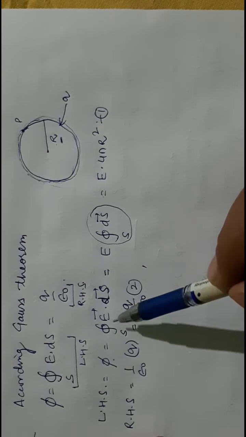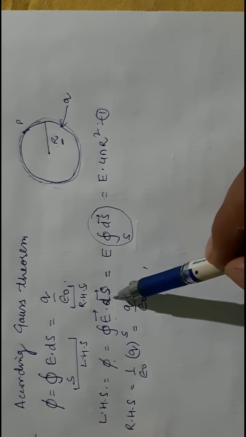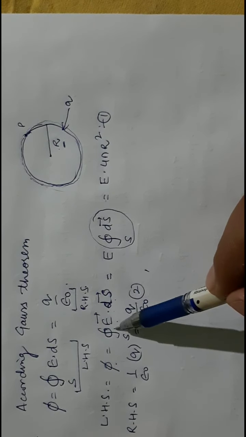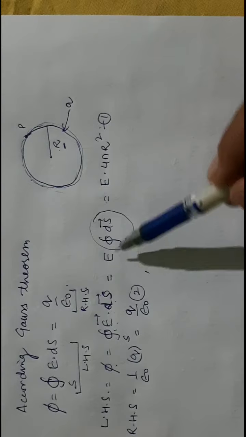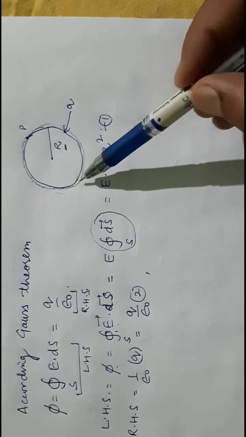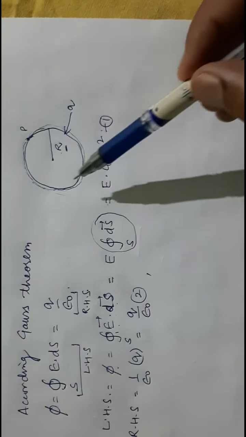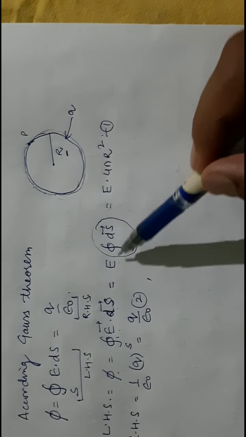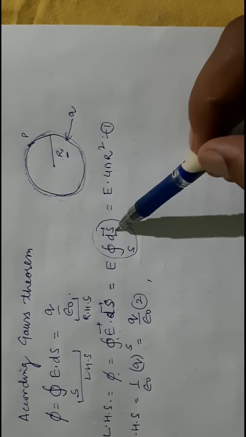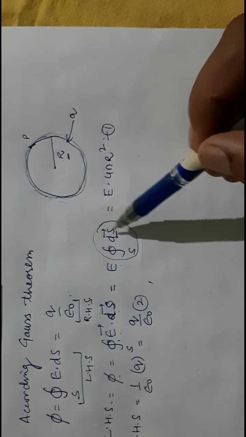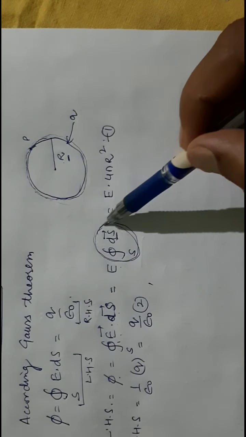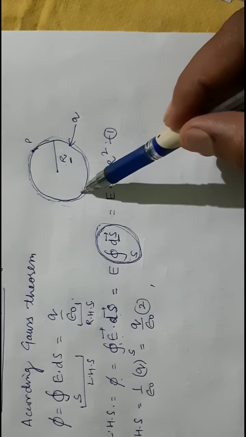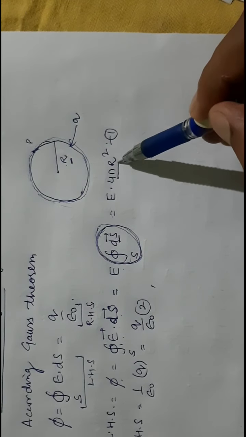The total flux calculated by E dot ds around a closed spherical Gaussian surface, since this Gaussian surface is just lying on the surface, E is uniform. So I will take it outside the integration sign and ds is left over here. This is nothing but the total surface area, and the total surface area of this spherical Gaussian surface is 4 pi r square.